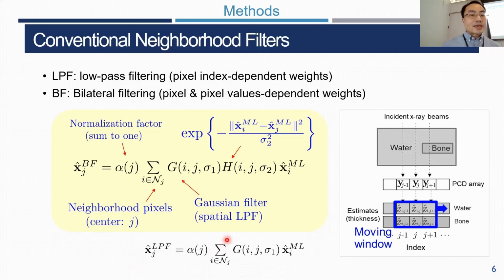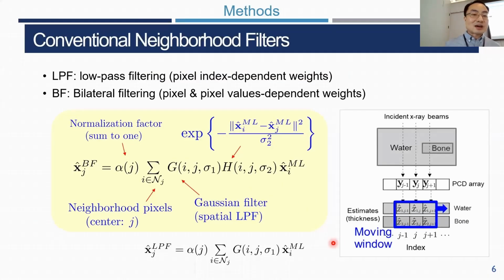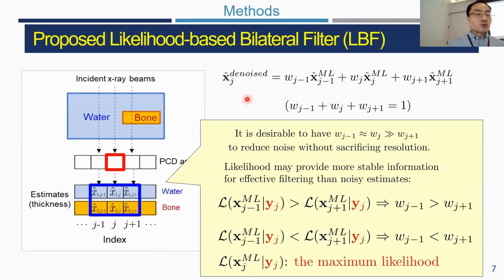And as you have seen these very noisy estimates, I would not recommend using this kind of weight, except ML-estimate-based weighting. So we modified the original bilateral filter here.